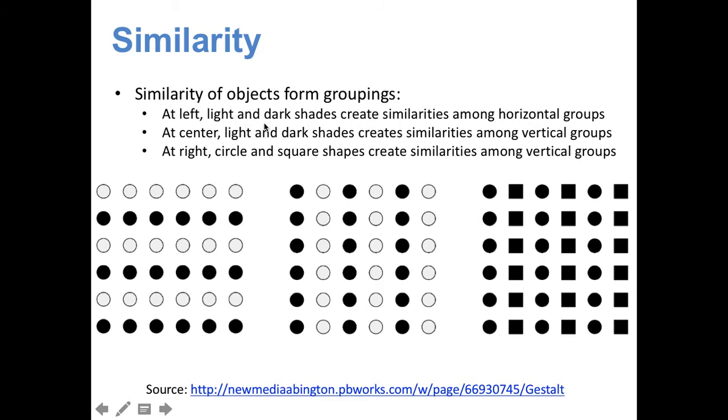At left, light and dark shades create similarity among horizontal groups, and also vertical groups. And the last one at right, circle and square shapes create similarity among vertical groups. See, this vertical group has a similar shape, and this is a vertical group, right? Horizontal: this is the first one, at left, light and dark shades create similarity among horizontal groups. This is a similar group, this is a similar group, and so on.